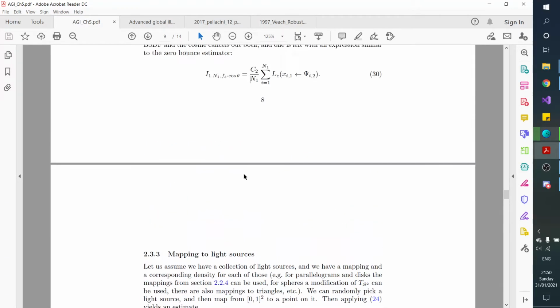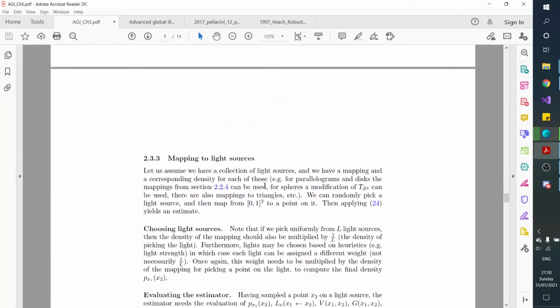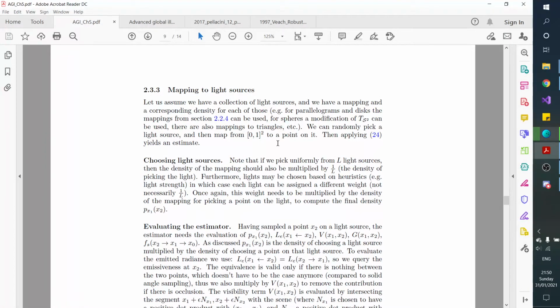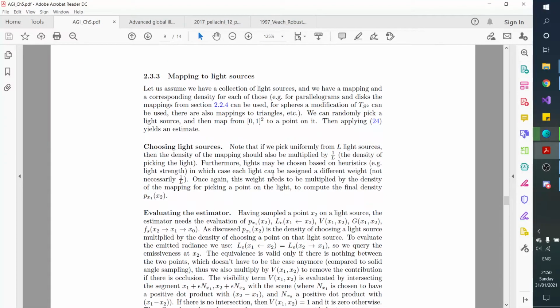Yeah, so what's the other option? The other option is this estimator here, which is with respect to the area formulation, and which you can use to sample lights. So you pick a point on a light, and then you use the estimator mentioned, and you get an estimator that doesn't miss the light.